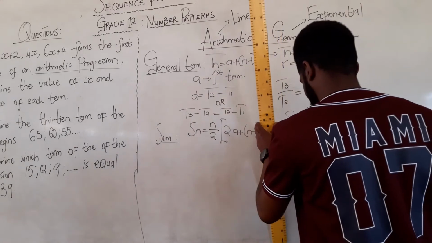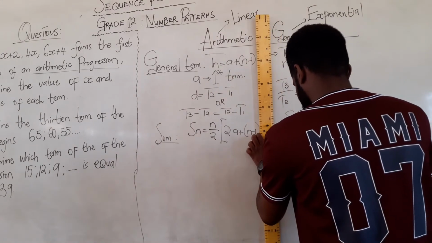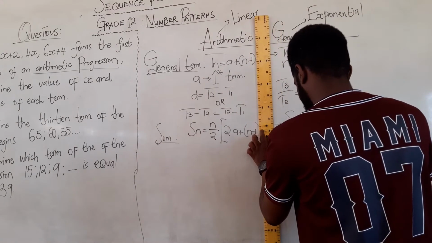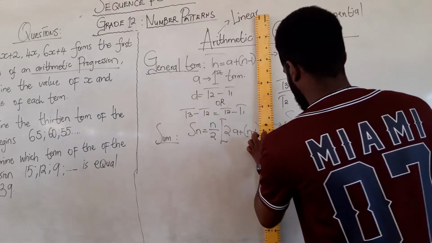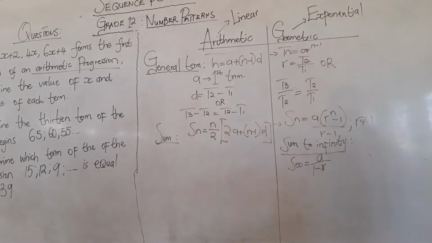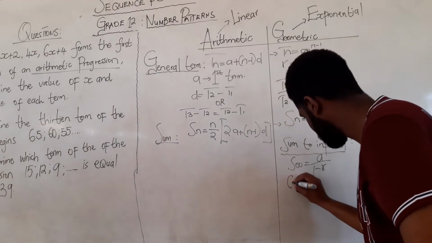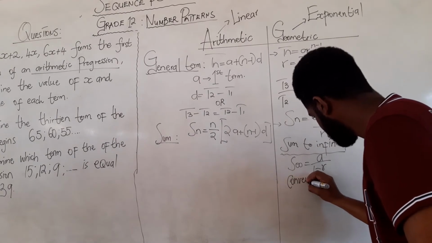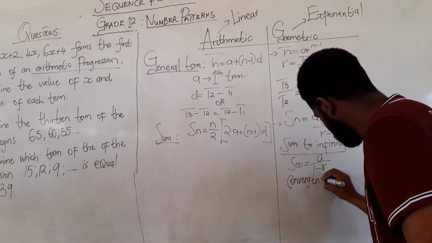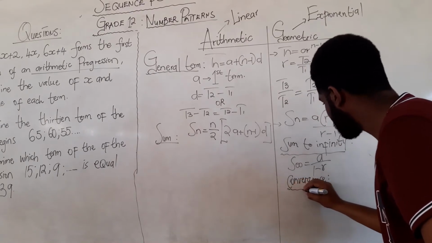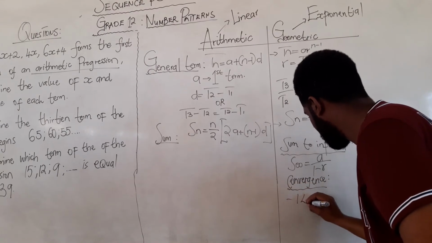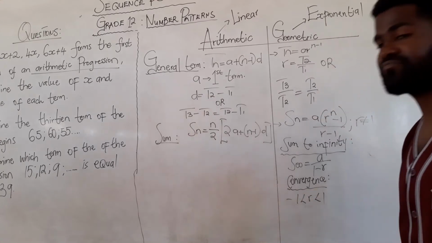And lastly, we have the case of convergence. An arithmetic sequence does not converge, only a geometric sequence converges. And how does a series converge? A series will converge if your r lies between -1 and +1.